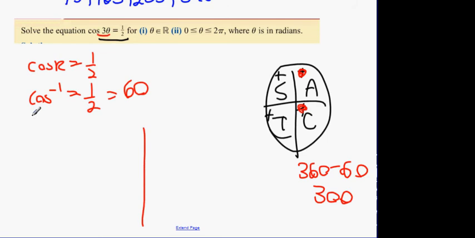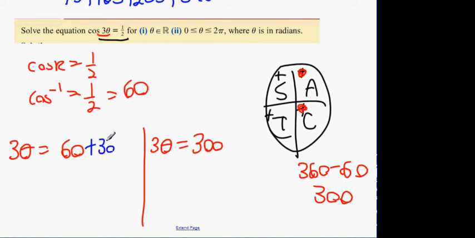So remember, it's 3 theta. 3 theta equals 60. 3 theta equals 300. Now, what we got to add in is the rotations. 360n plus 360n. We're not asked for it in degrees, we're very much asked for it in radians.